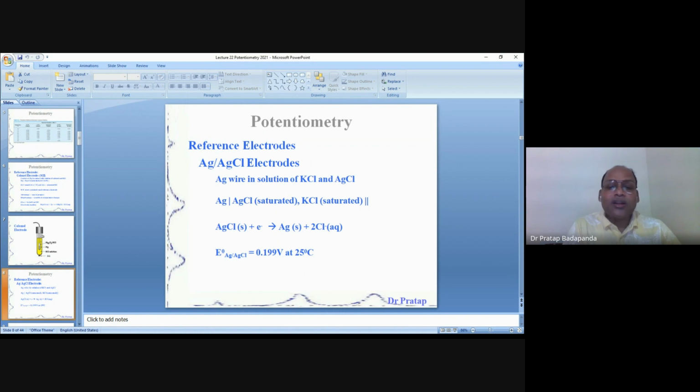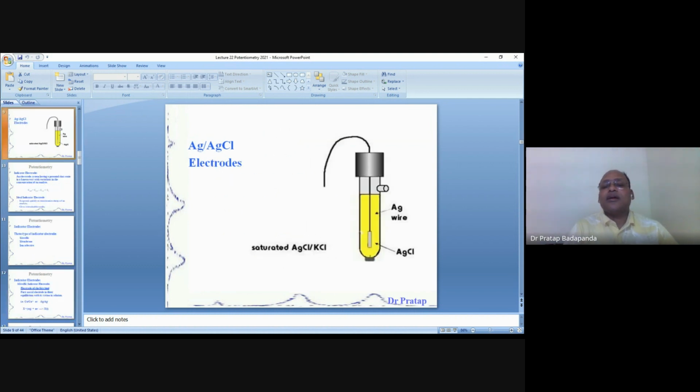So E naught of Ag and AgCl is 0.199 volt at 25 degrees Celsius. This value should be memorized. This is the reference electrode, the reference electrode for AgCl, right?